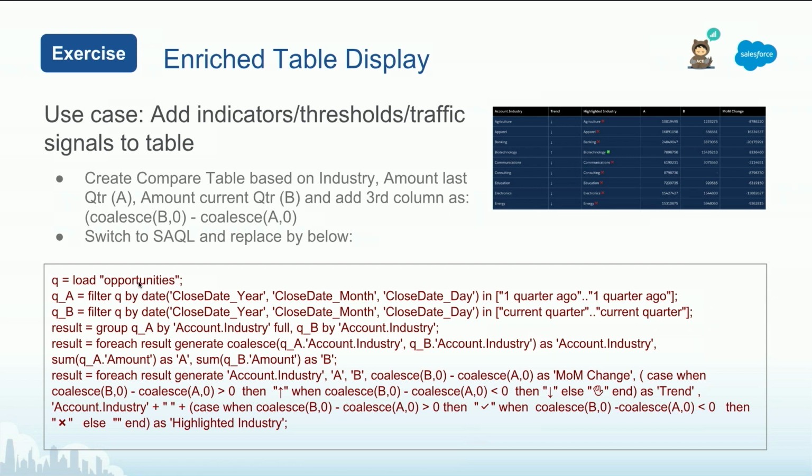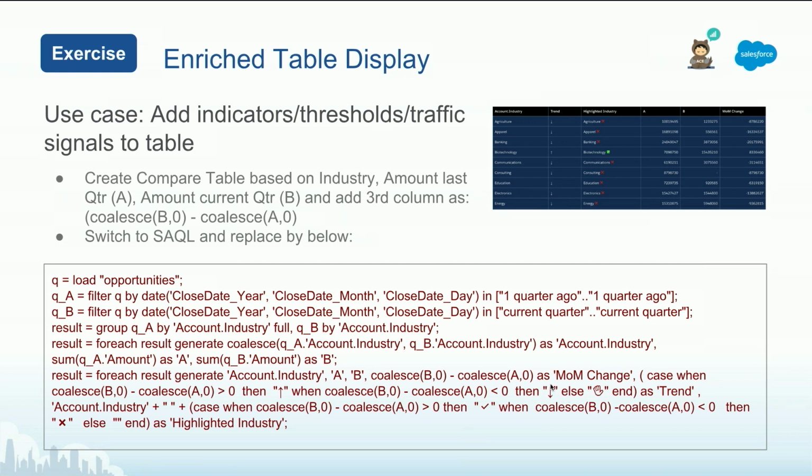Now, if you're using opportunities, I'm just going to show you directly, copy this and show you what's the result. You will notice that all it's doing is some coalesce, which we know now what coalesce is. If B is 0, then replace it by null, replace it by 0. There's some case statements, case when this is greater than 0, then up or less.